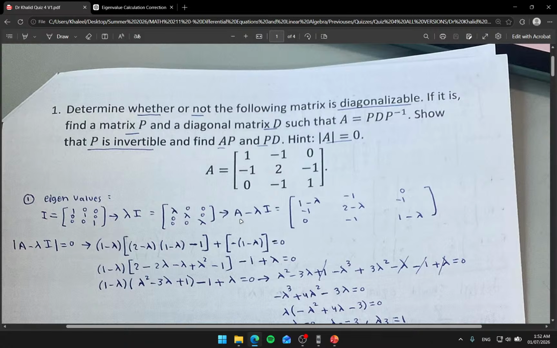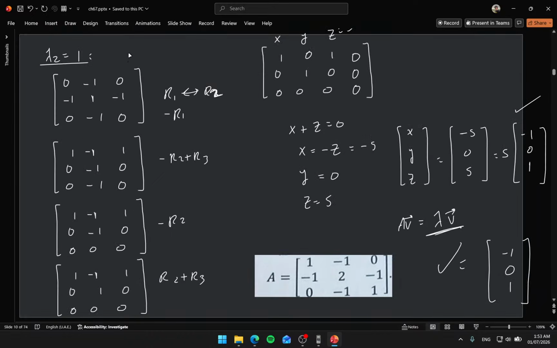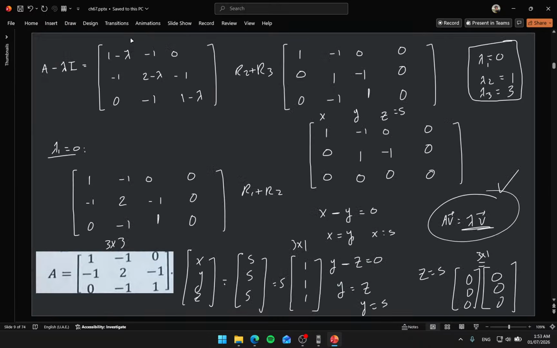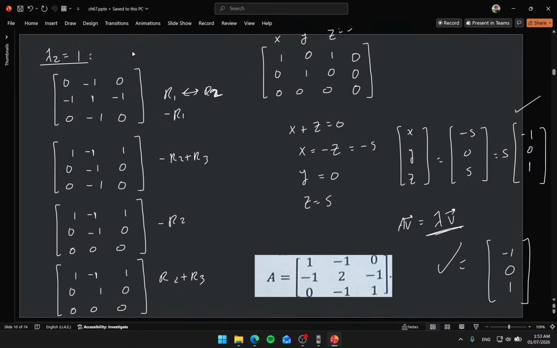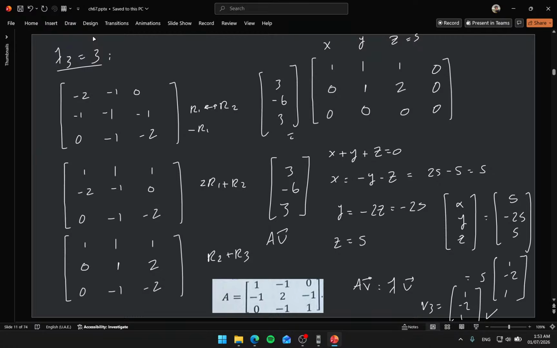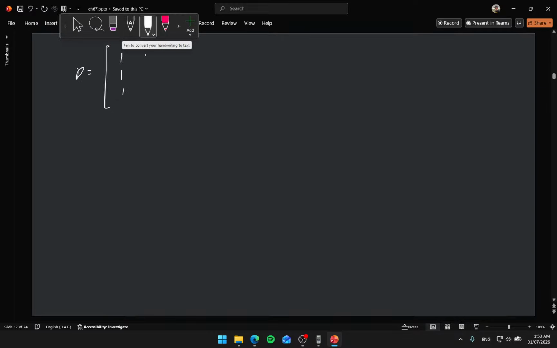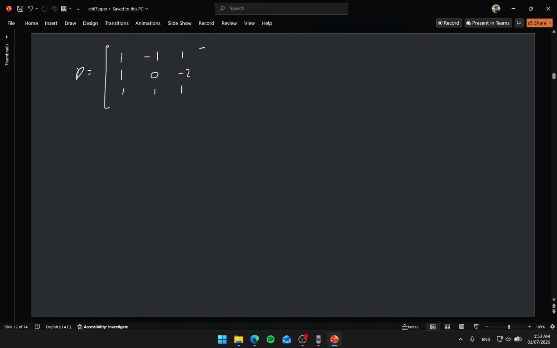Okay, if it is, find a matrix P and a diagonal matrix D such that A equals PDP inverse, and show P is invertible. Matrix P is the matrix of the eigenvectors: 1, 1, 1, -1, 0, 1, and 1, -2, 1.